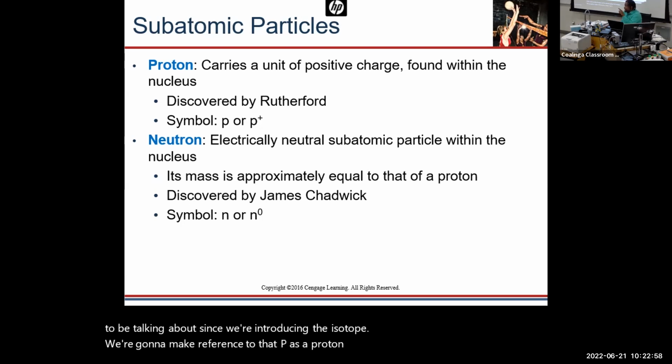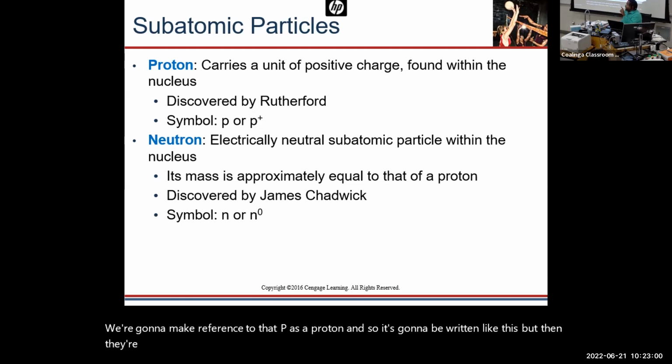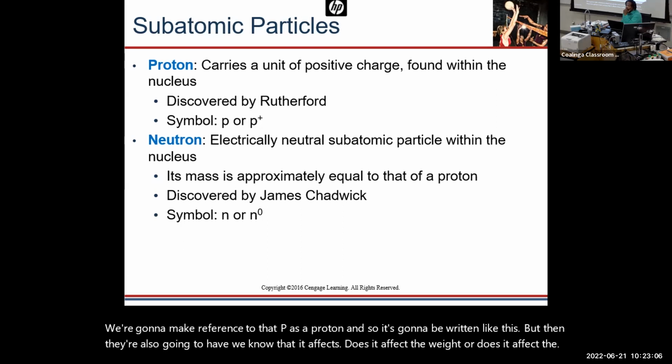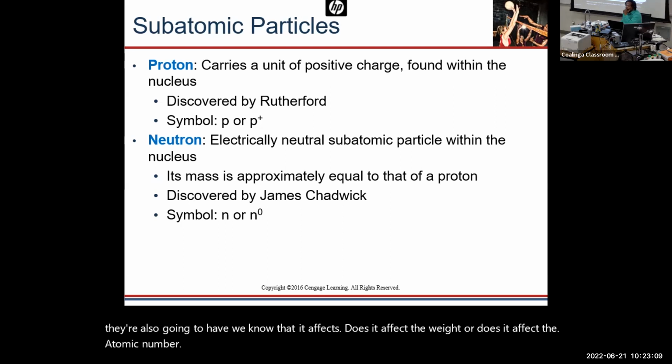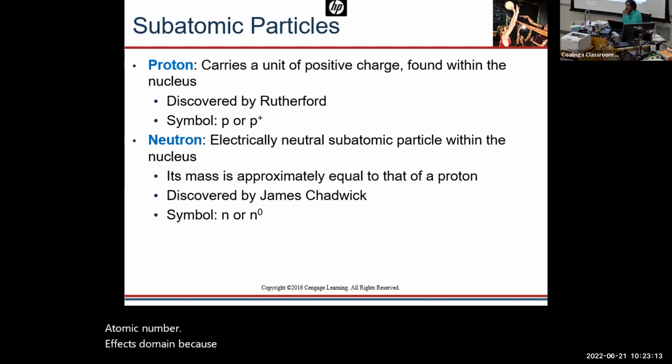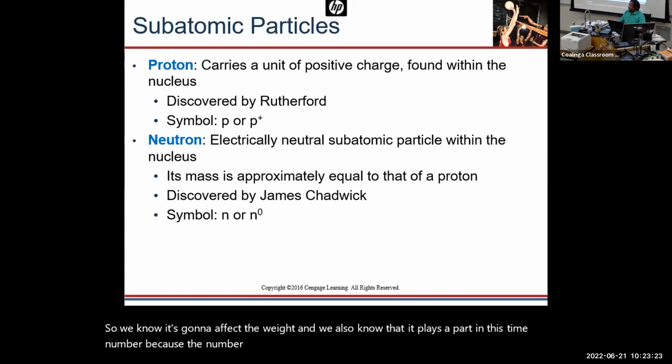Does it affect the weight? It affects the weight, and we also know that it plays a part in the atomic number, because the number of protons defines the atomic number.